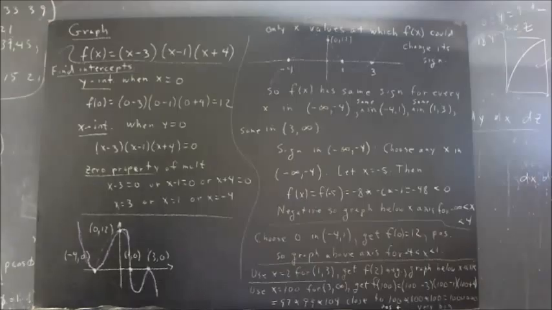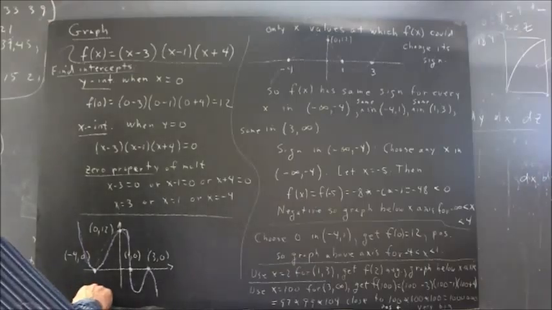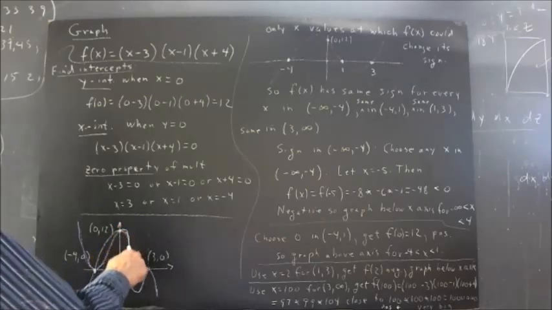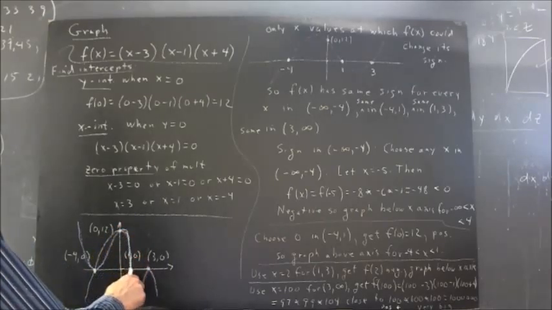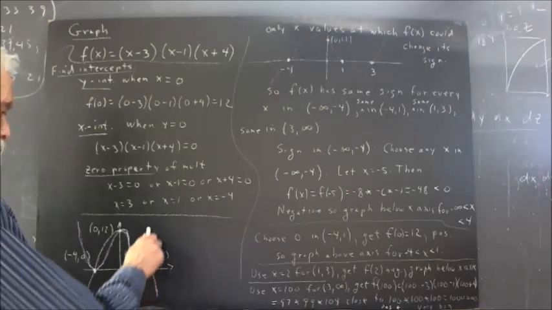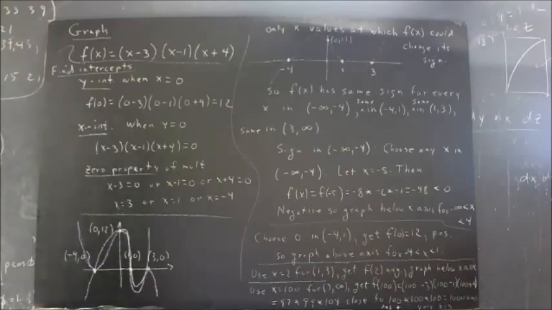Alternatively, it could start from down here, come up through this axis, come up here, come down to here, come down here someplace, and then come up here and go on up. There are other possibilities. I'll find a different colored chalk.